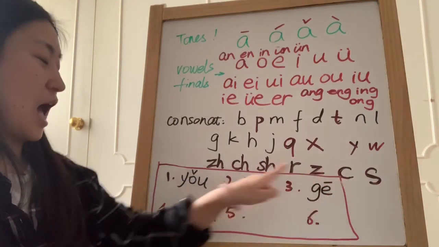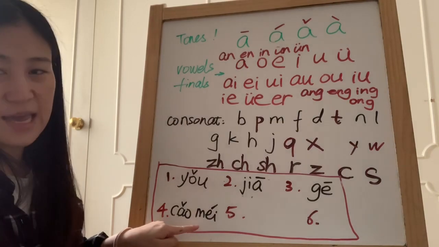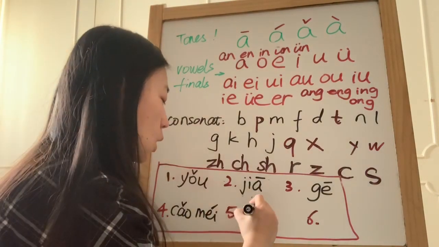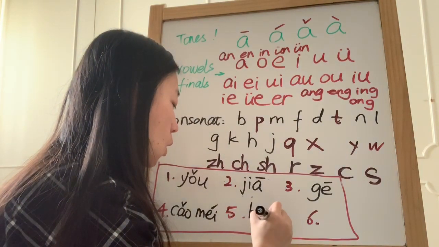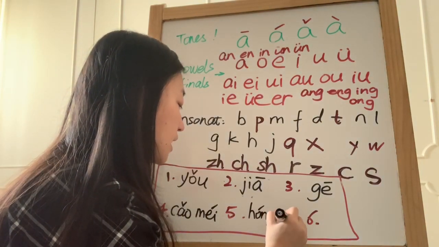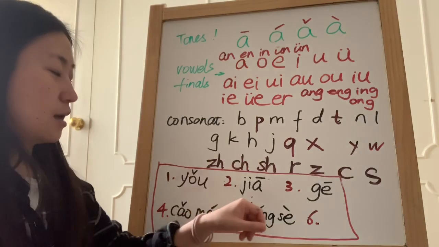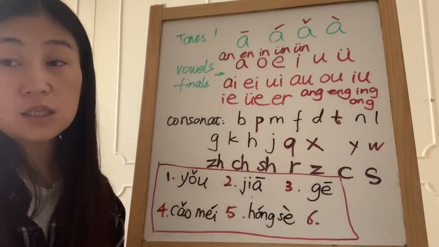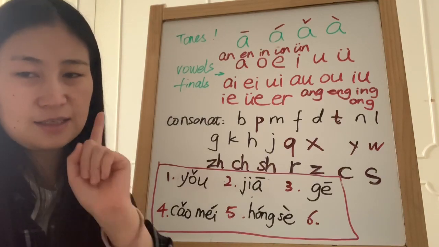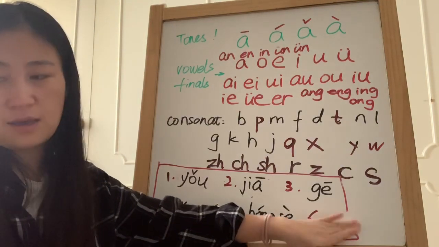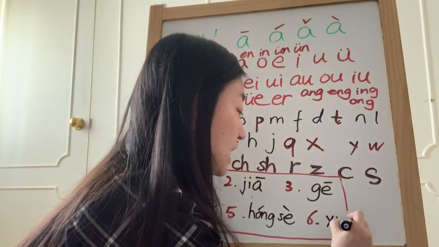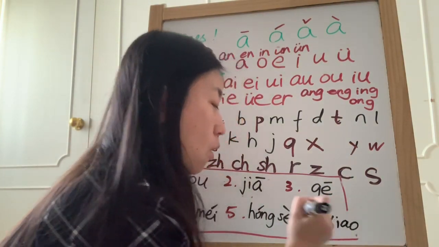C. 草莓. And number 5 was 红色. Have you got the right tone? 红色 was red. Yes, the last one was 西衣袄.